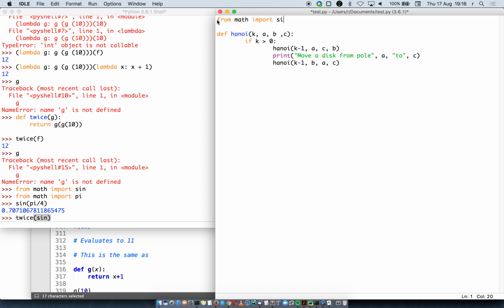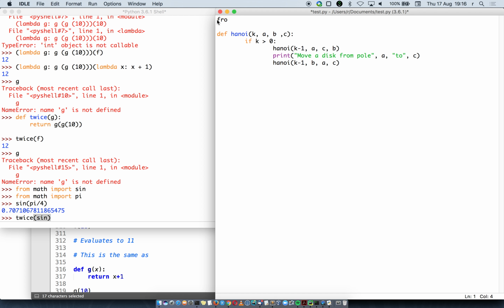Then I can also import everything from that module. But then you may argue that it pollutes the global environment. There are so many names that they may clash with some of the functions that you want to write. And when you write this star, you don't know what you're importing. So good programming practice dictates that you import everything explicitly, so you're always aware of the stuff that gets into your global environment.